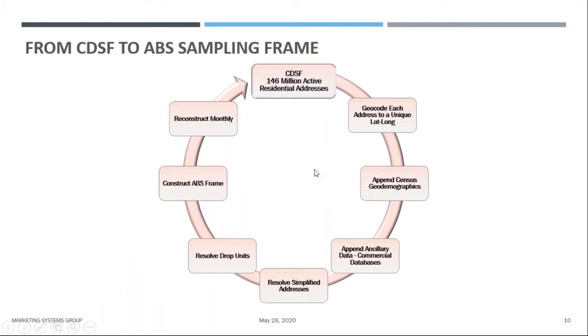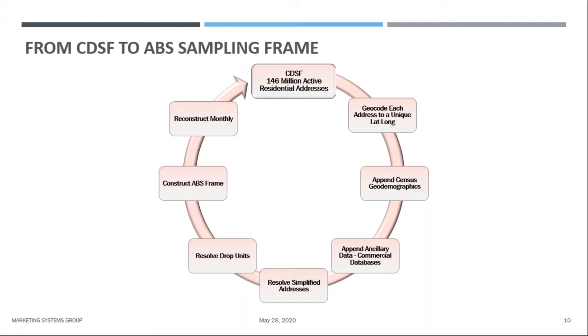So in a nutshell, this is what MSG does. By taking the raw computerized delivery sequence file, which currently contains about 145 million active residential addresses, in the first place every single address is geocoded to a unique latitude and longitude.